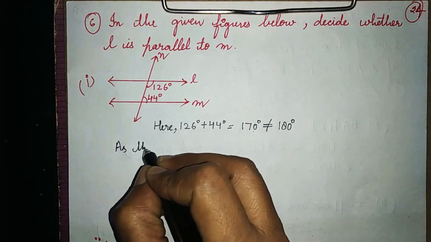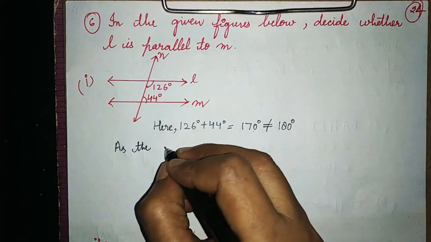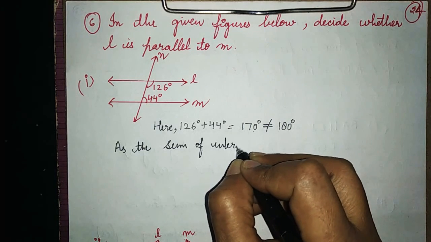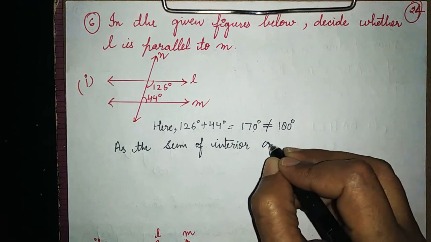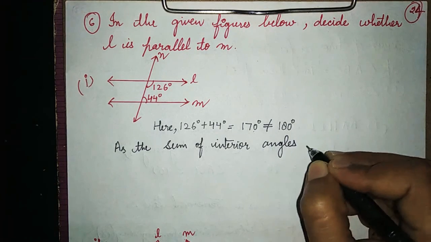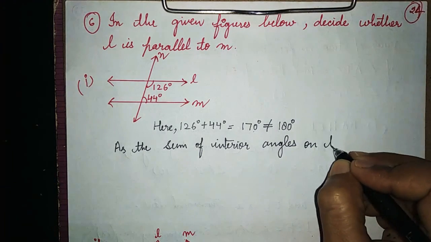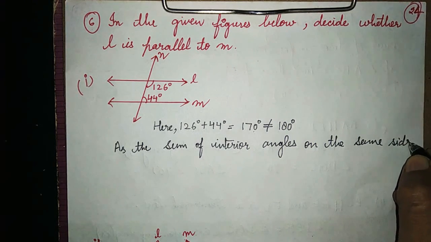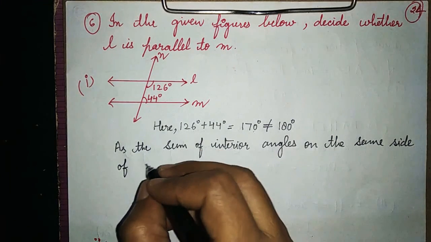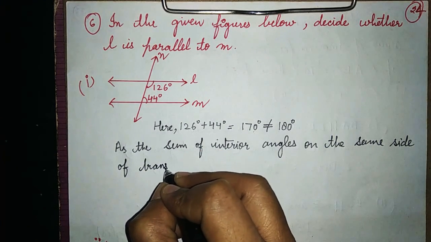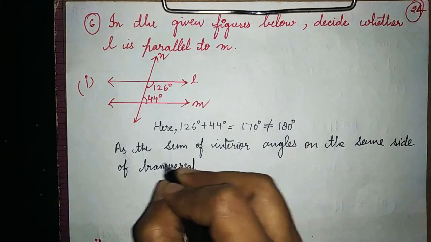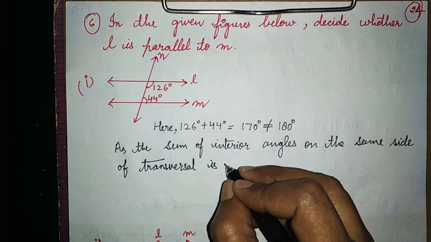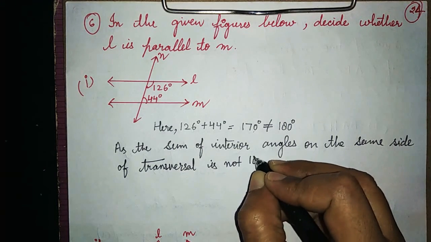As the sum of interior angles on the same side of transversal is not 180 degree.